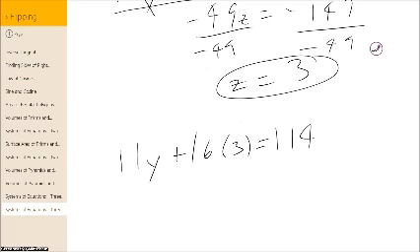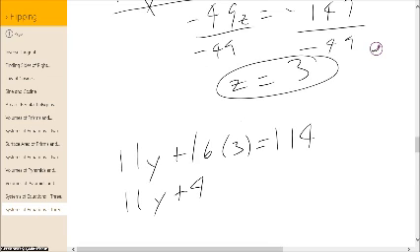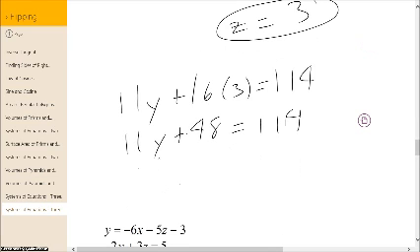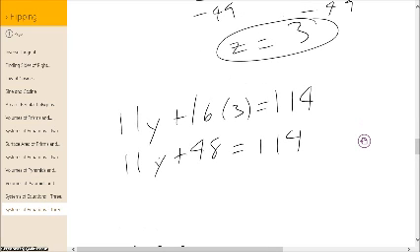Now I can distribute: 11y plus 48 equals 114. Subtract 48 from both sides, that gives me 114 minus 48.